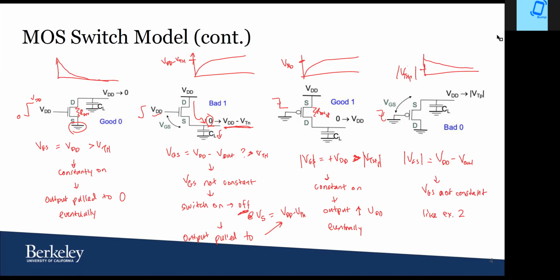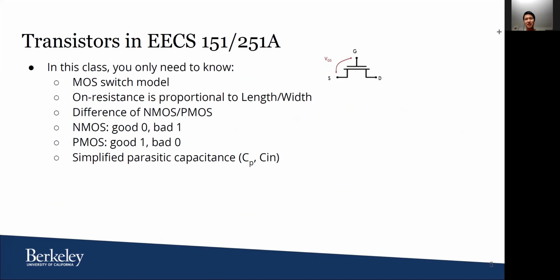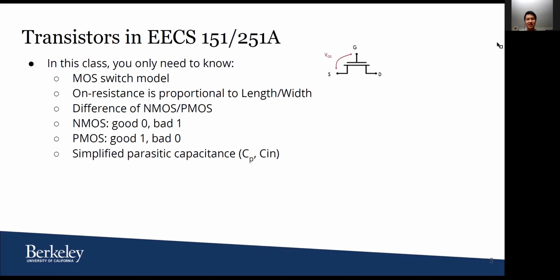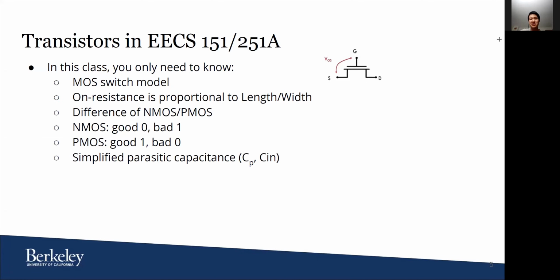All right. So if this makes sense, we just want to tell you that for transistors in this class, you mostly just need to know the following things. The MOS switch model, especially the conditions for on and off. So this is the difference between cutoff and then linear or saturation region.